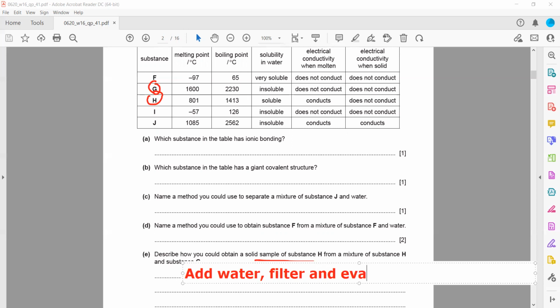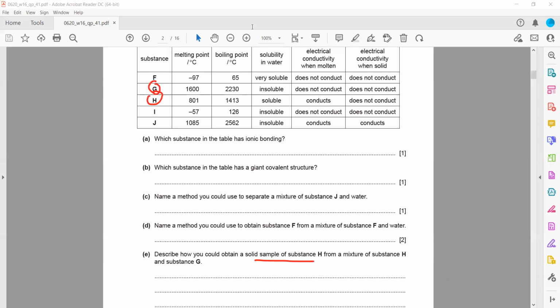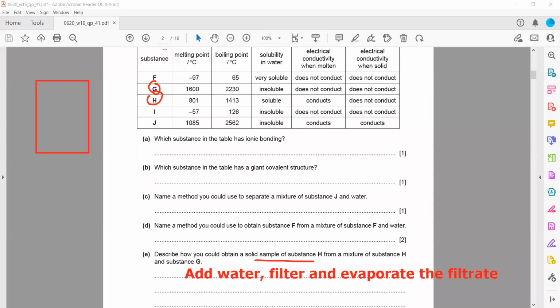Because when we add water, G is insoluble, so G remains as a solid and H will dissolve. When we filter, G will be left on the filter paper and H will pass through the filter paper as a filtrate. And how do we get this H from the water? We can simply evaporate or use crystallization to obtain H.